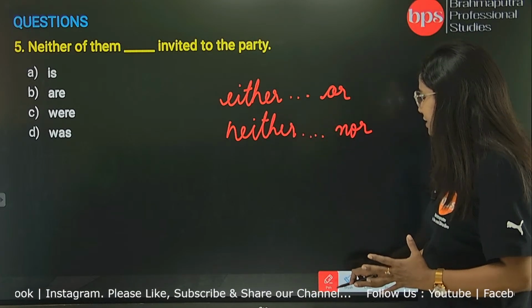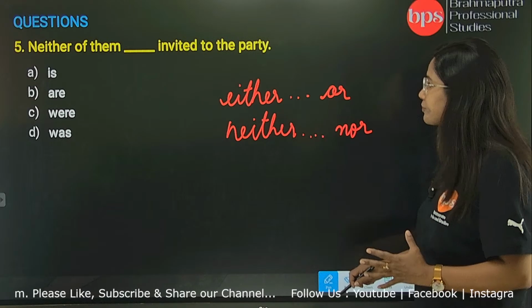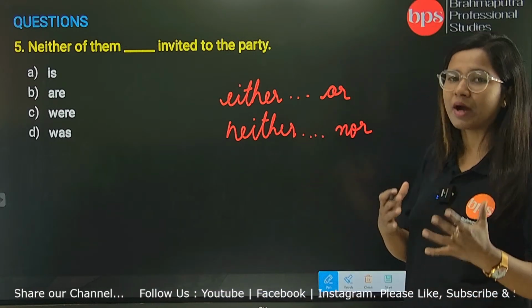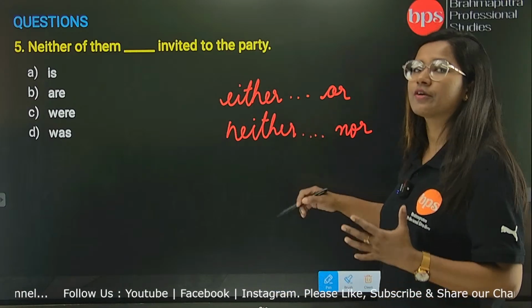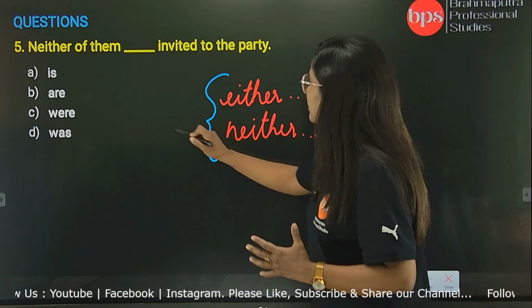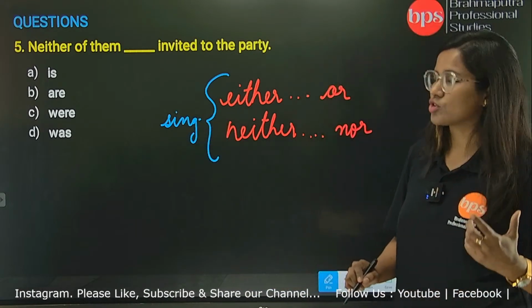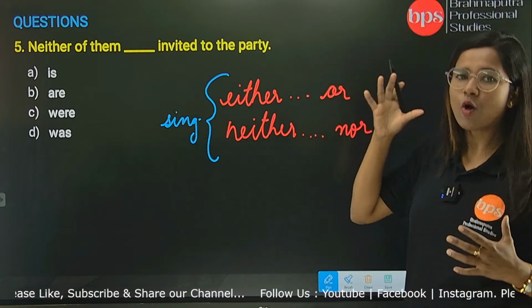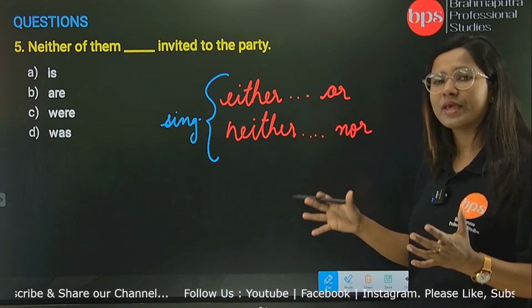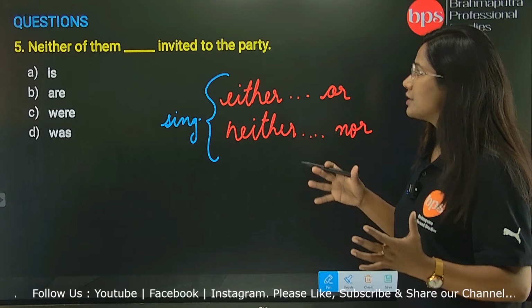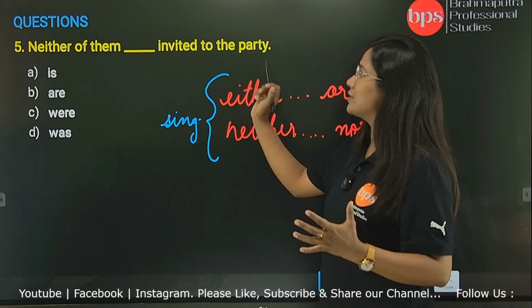But whenever the sentences come in this way, that neither of them dash invited to the party, either and neither always refer to the singular form of verb, so of the subject. So whenever there is the option either and neither, always go with the option that is singular. Neither of them dash invited to the party.